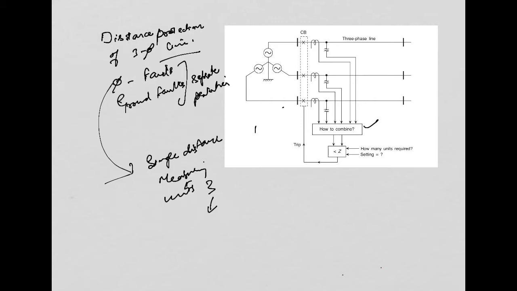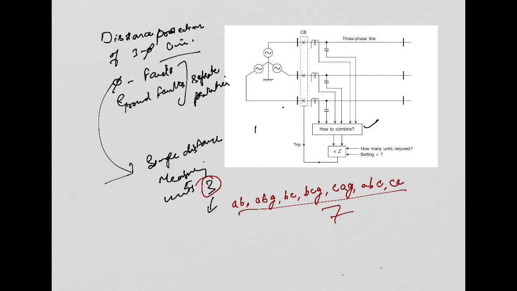The 7 faults are AB, ABG, BC, BCG, CA, CAG, and ABC. So we will have 3 phase fault measuring units, and they will cater for these 7 phase faults.